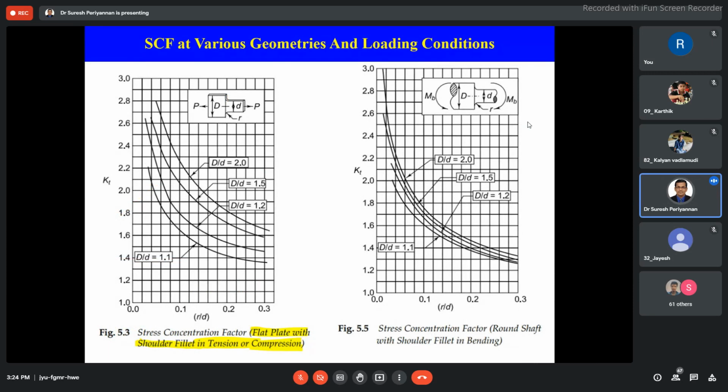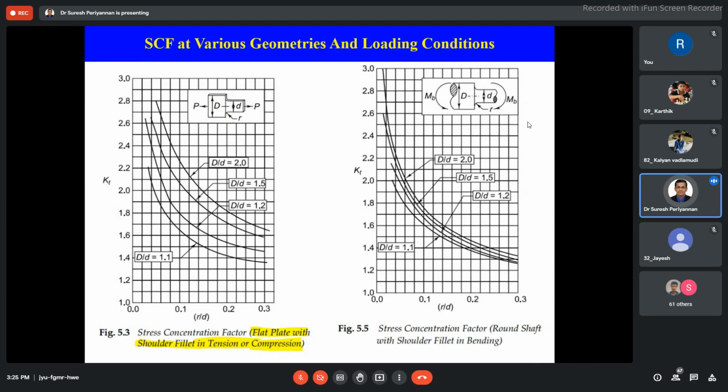Now see here, there are three or four graphs in this plot. Each one represents a capital D by small d ratio. Capital D is our larger diameter, the width of the plate, and small d is the width of the plate at the shoulder region.